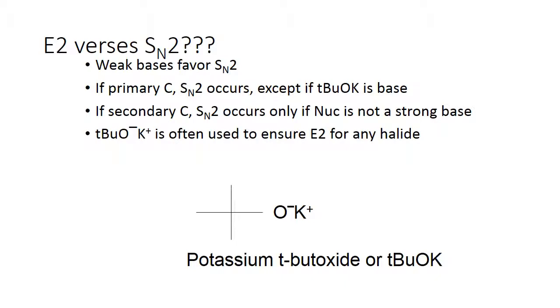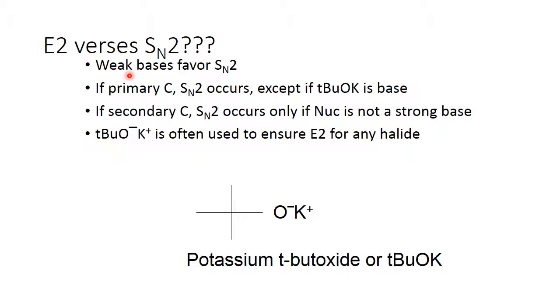Okay, E2 is going to be favored by a strong base, which means that a weak base is going to favor SN2. Because if it's a strong base, when it comes in to do nucleophilic attack, it's going to grab a proton instead of attacking the carbon.